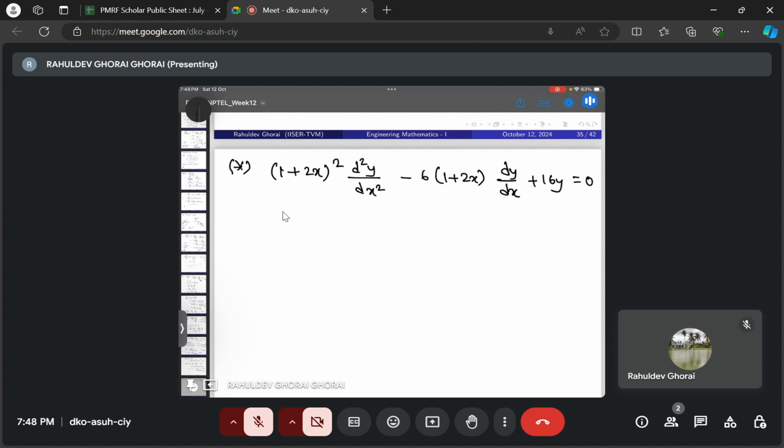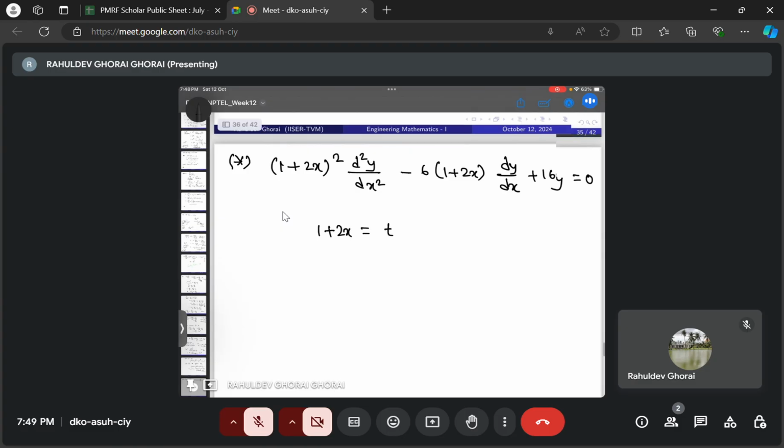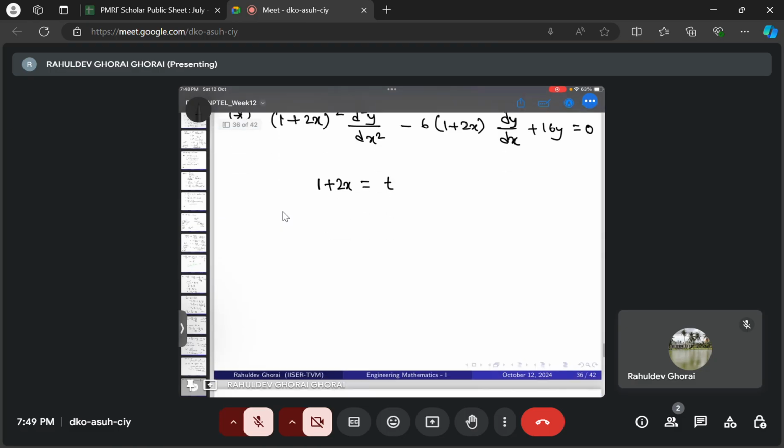So for this one, what we do is we take 1 plus 2x equal to some other variable, let's say t. So then what will happen? dy dx will be dy dt times dt dx, right?